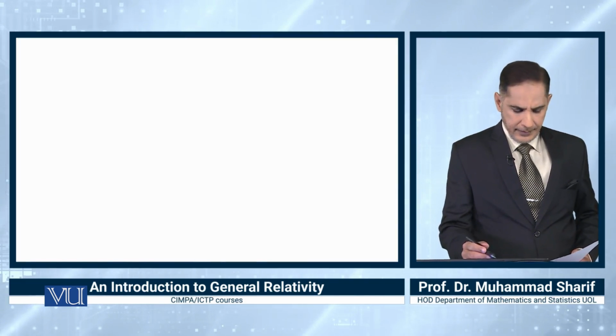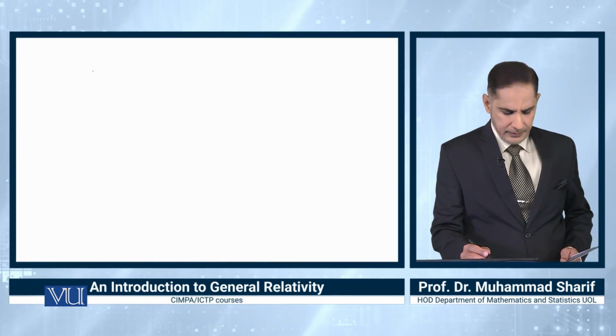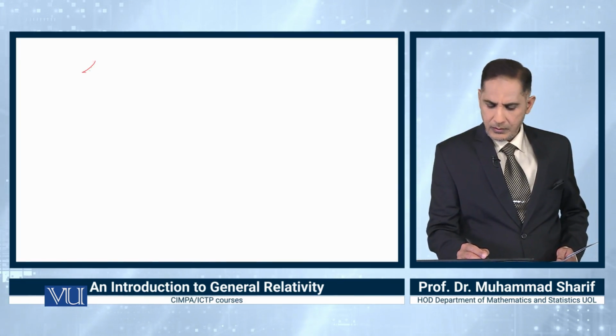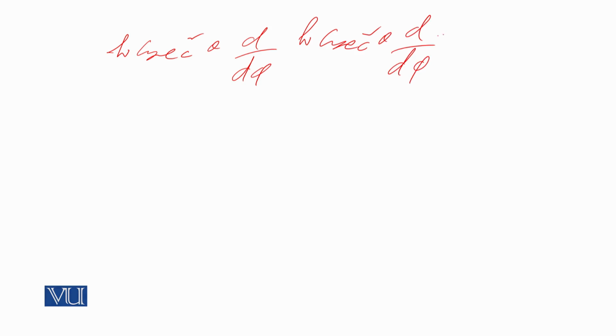Okay. We have that h cosecant square theta d over d phi (h cosecant square theta d theta over d phi) minus h square cosecant square theta cot theta is equal to 0.